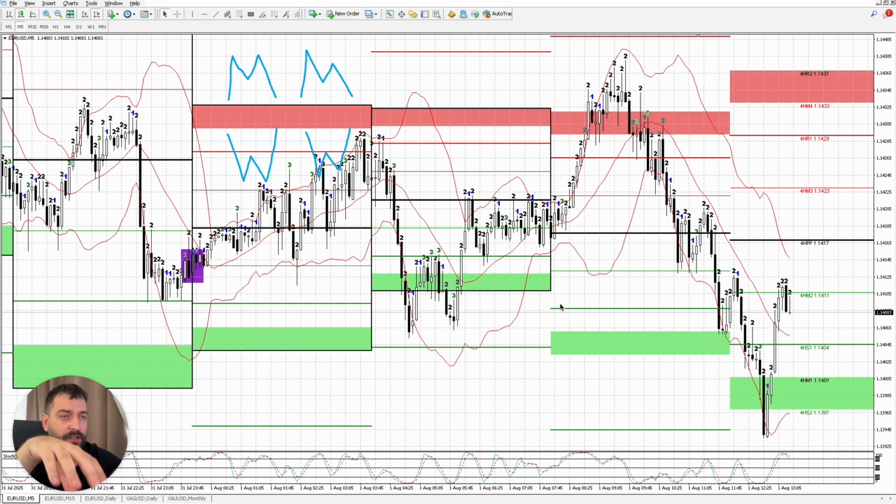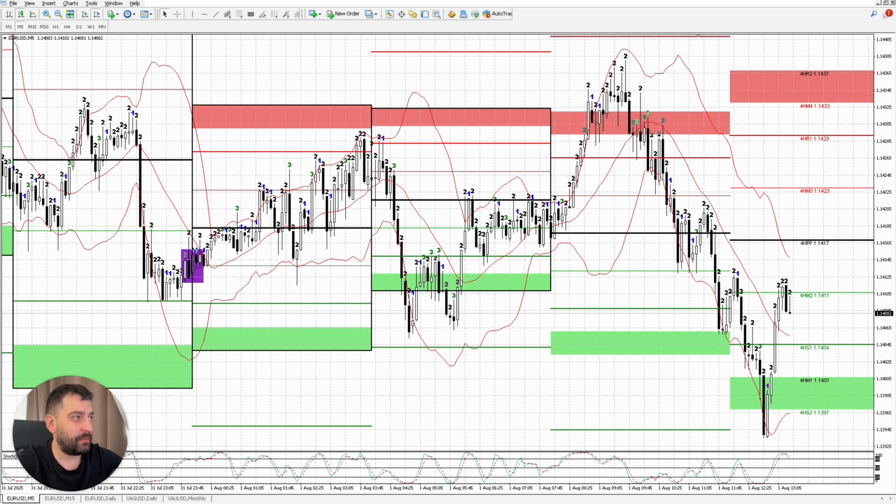If this pattern is forming around this overbought, oversold area, there is a good chance that there will be some move in the other direction, because again we are awaiting news, so there is no point for price to make new highs, new lows of the week before that news is released.